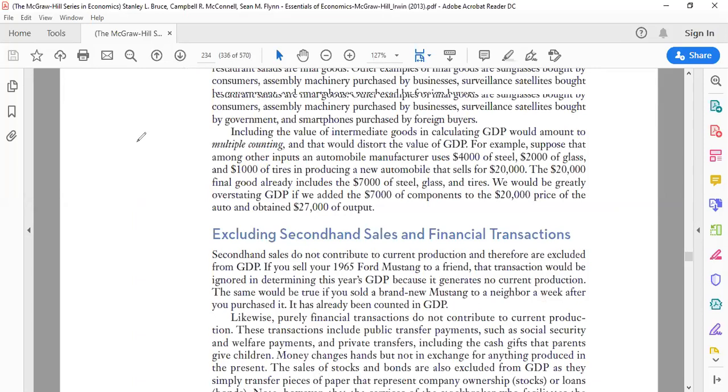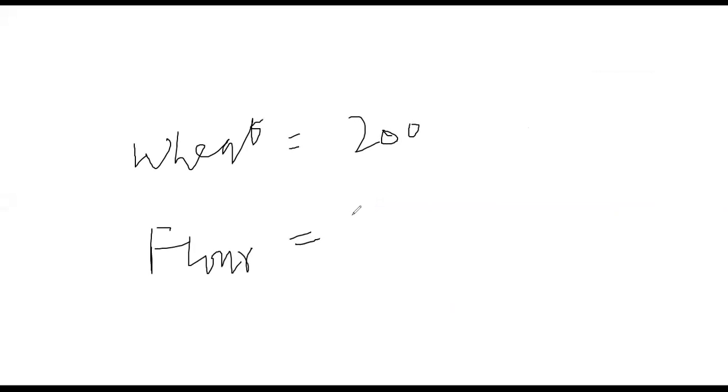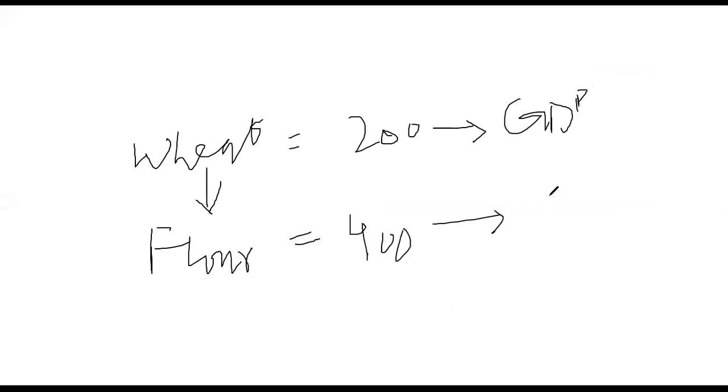For instance, wheat is an output, and the value of the output of wheat is 200. Now when we make flour out of this wheat, if this is a part of GDP, and when we use this wheat to make flour and the flour is sold for 400, this is also GDP, or the value of flour is 400.